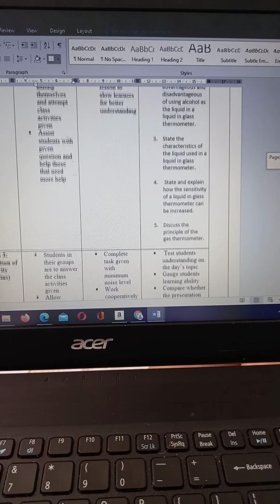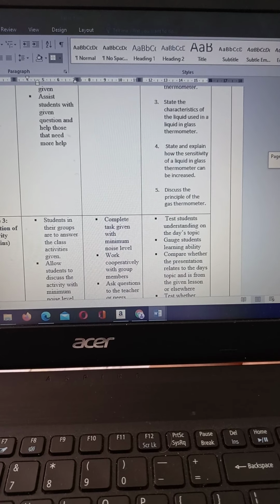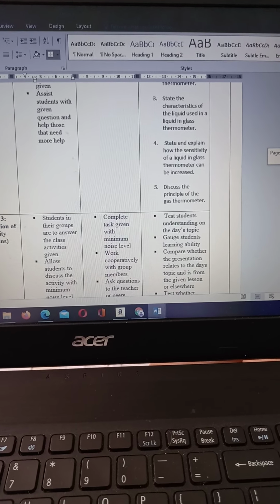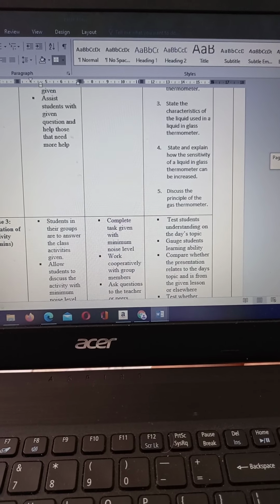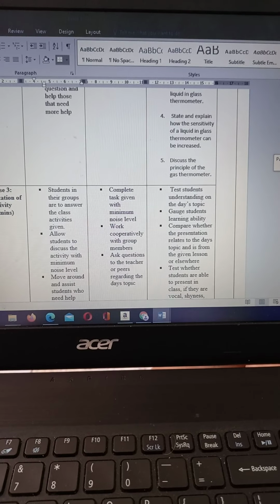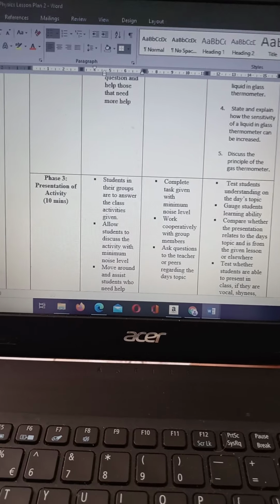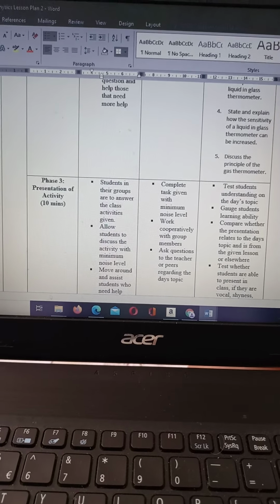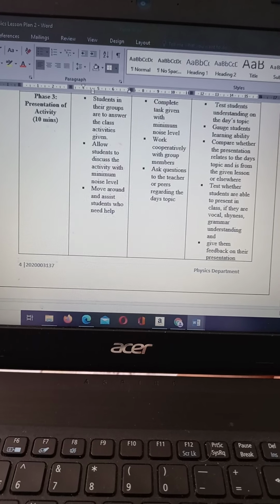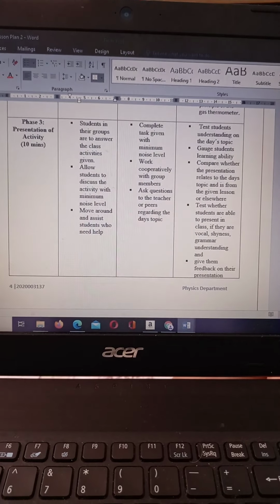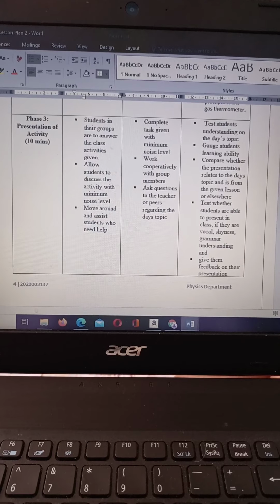Number 3, state the characteristics of the liquid used in a liquid gas thermometer. Number 4, state and explain the sensitivity of a liquid in a gas thermometer. And number 5, discuss the principle of a gas thermometer. All these questions are based on the day's topic and what they've learned, and they could get the answers from the lesson notes that will be given.